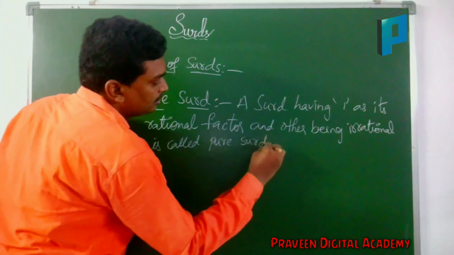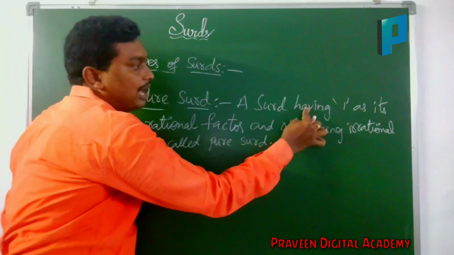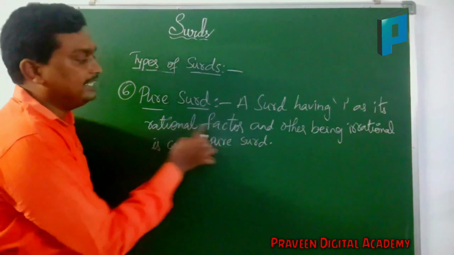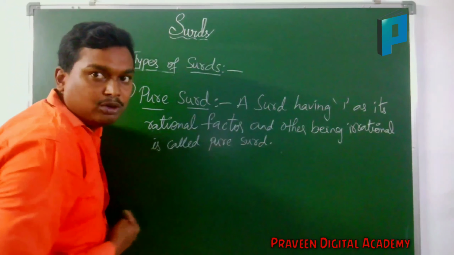Pure surd. Here, what is a pure surd? A surd having 1 as its rational factor and the other being irrational is called a pure surd.